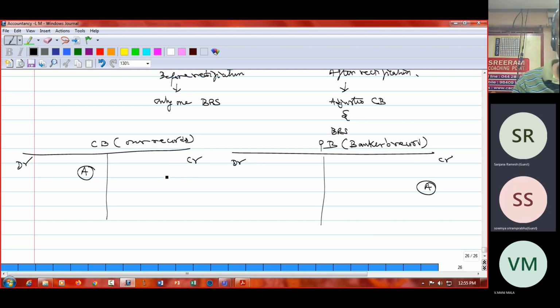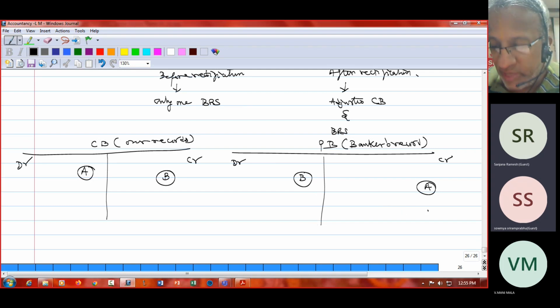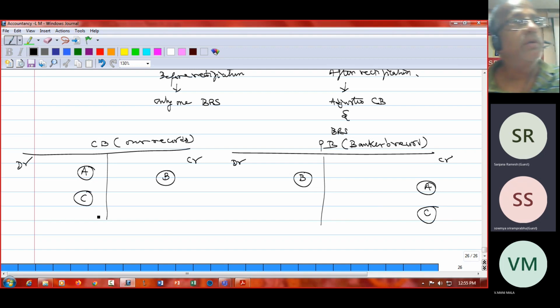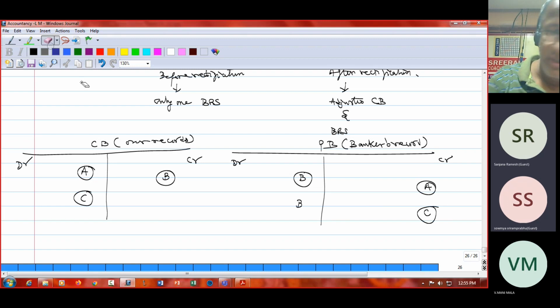An item that is entered on the debit side of the cash book will find place on the credit side of the passbook. An item which is placed on the credit side of the passbook is expected to find place here. An item which is placed on the debit side here will find place here.